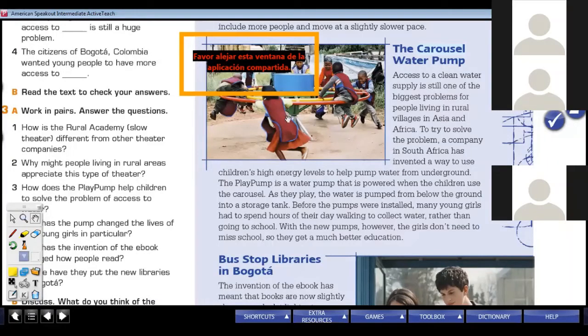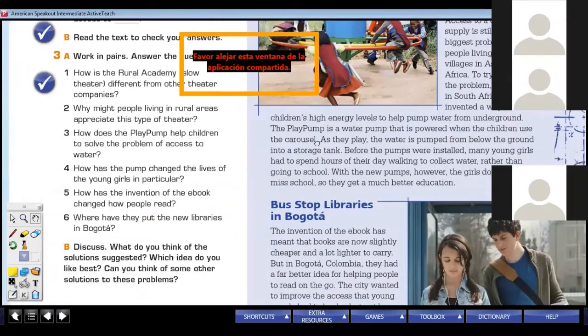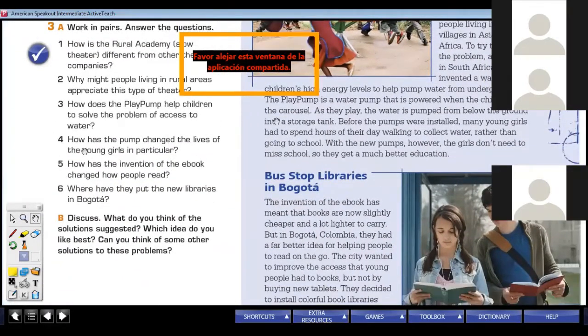Actually, it's a pump, where they get water from, but they need to work very hard on it. So they invented a low-tech solution, creating a carousel in which little kids could play, and at the same time, while they were playing around the carousel, they could get water. So that was pretty smart, clever, right? Good, miss.